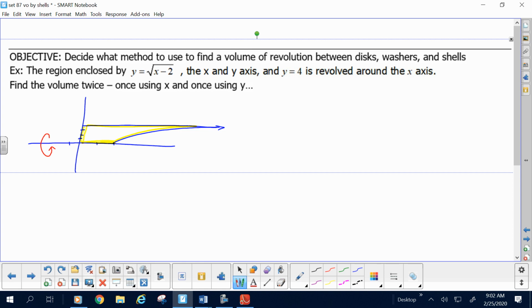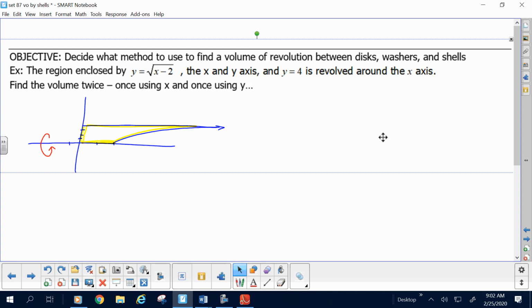All right. Now, these answers should agree, because it is the same volume, whether you use x or y. It's the same region revolved around the same axis. You should get the same volume. So try that, work together with your math amigos.